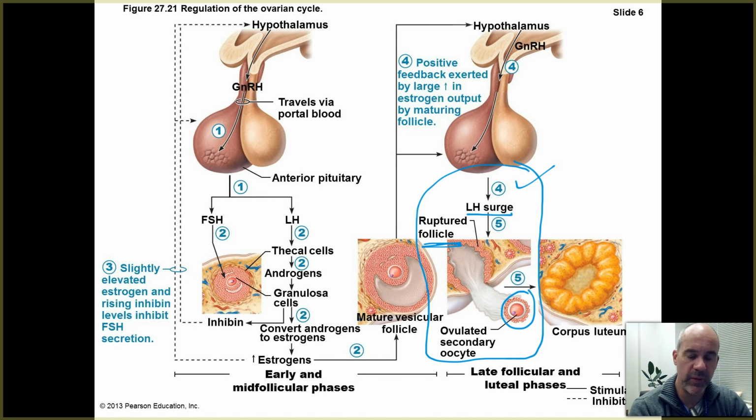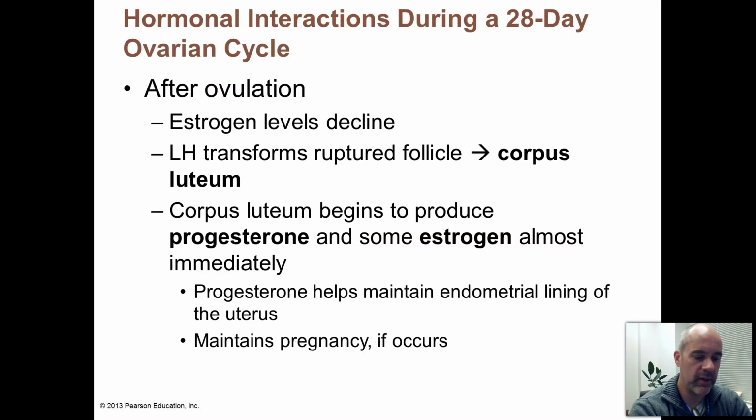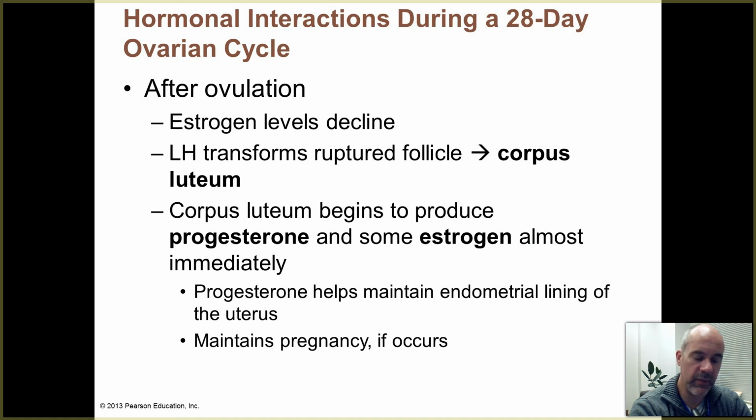And now we're going to enter the luteal phase of the ovarian cycle. These leftover granulosa and theca cells that we've talked about before become the corpus luteum, and the corpus luteum is going to secrete progesterone and estrogen. And that begins almost immediately.